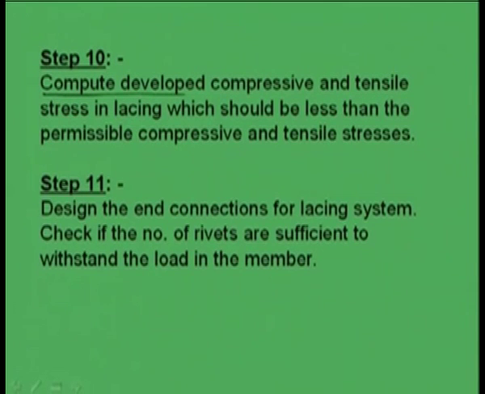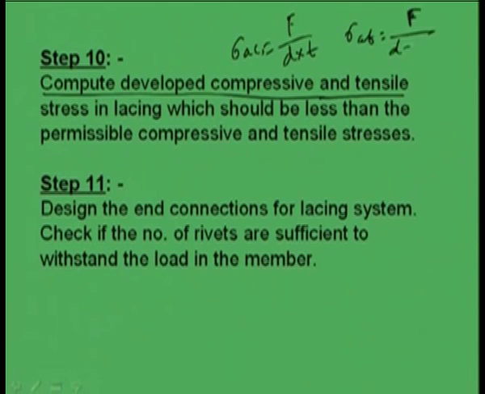Next we will compute the developed compressive and tensile stress, which we know how to calculate. One is F by D into T if it is a flat bar, this is sigma AC, and sigma AT will be F by B minus D into T, where B is the width of the lacing bar and T is the thickness of the lacing bar in case of a flat bar.